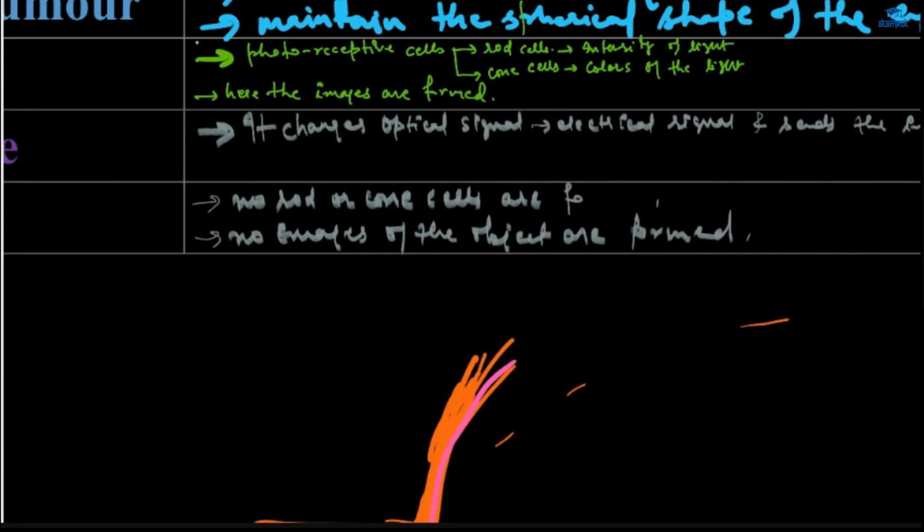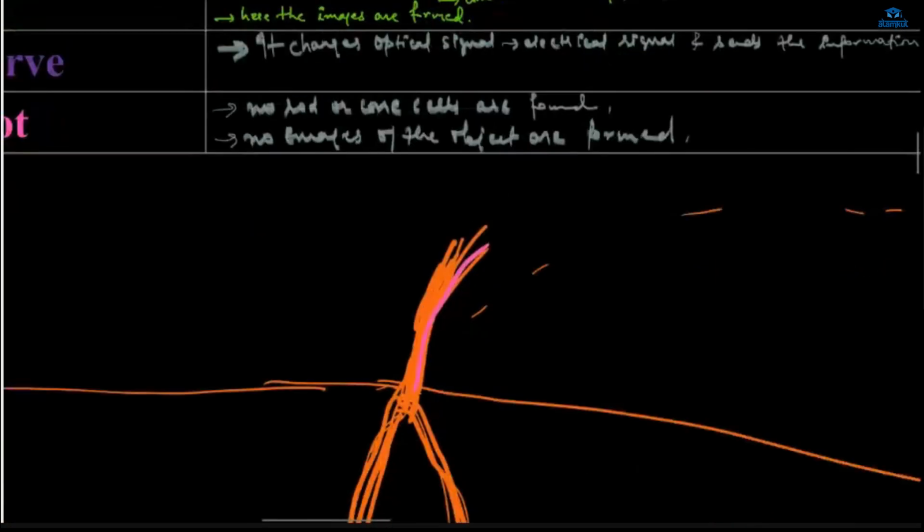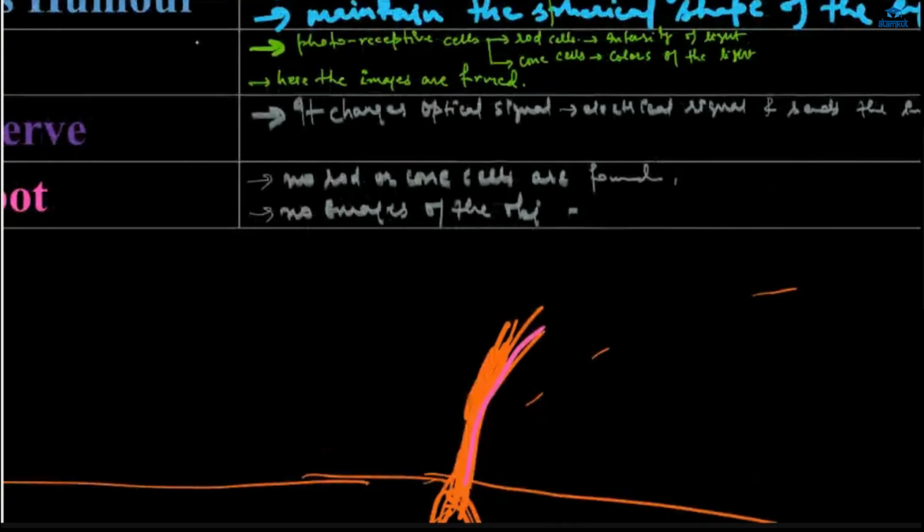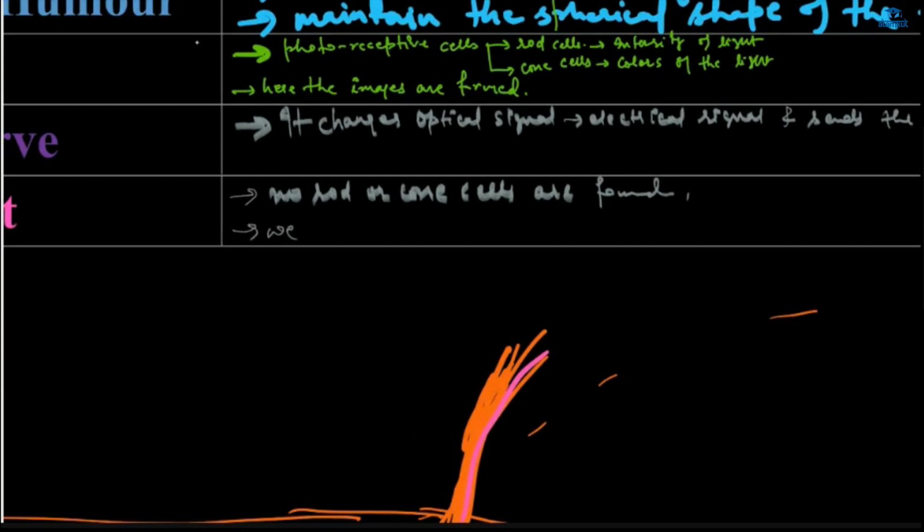Even if the images are formed, we cannot see the images formed at this point, because no rod cells or cone cells are there.